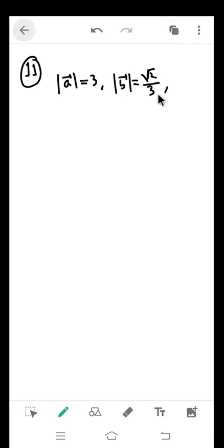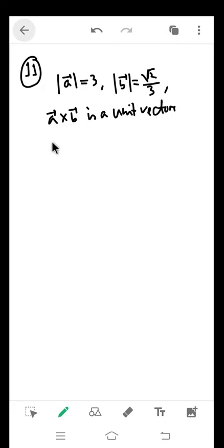And A cross B is also given as a unit vector.